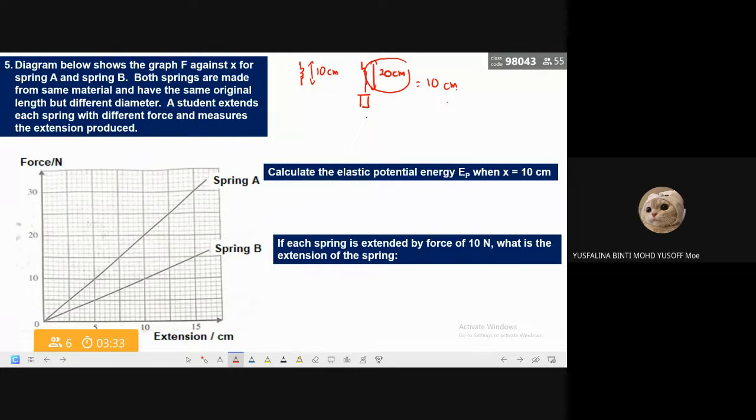Energy, the unit is joule, right? So if you want to use joule, you have to make sure that your length must be in meter. Let's say, teacher, I don't want to use meter, I don't want to change. Then you cannot use joule as the unit, so you need to put N cm.